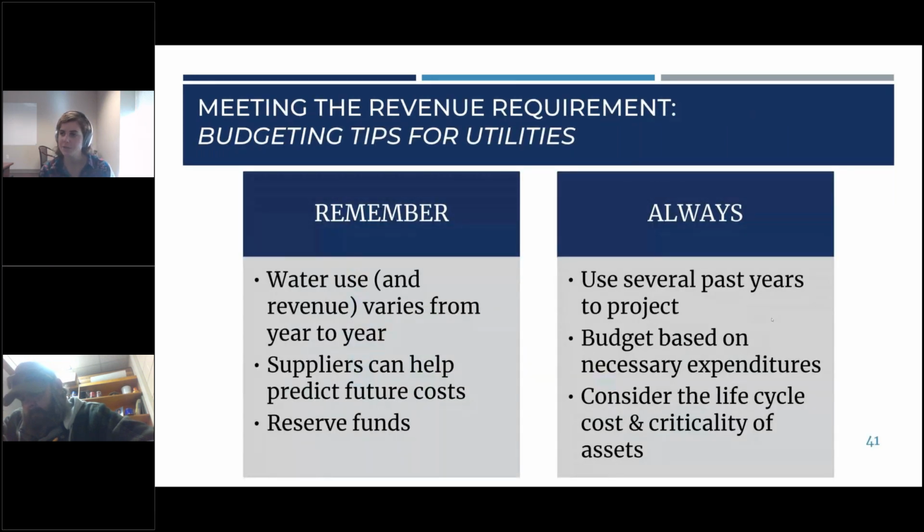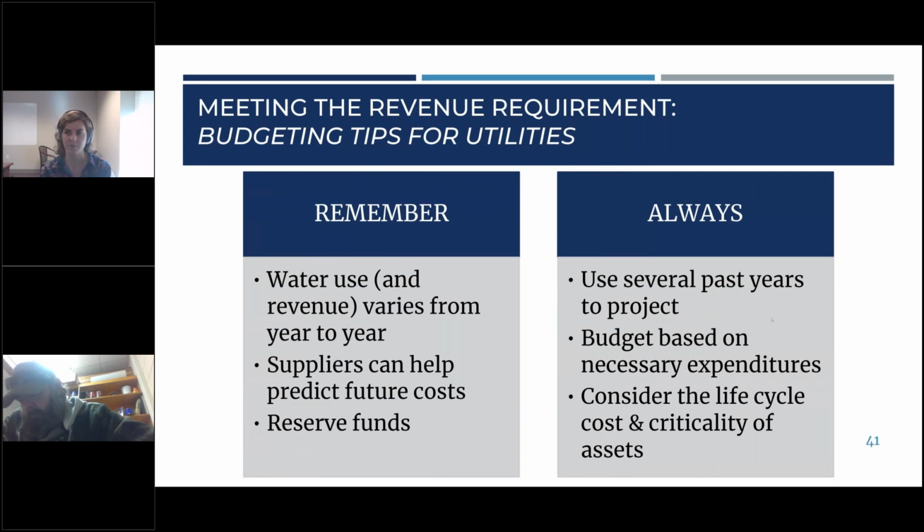And so when utilities are thinking about trying to meet their revenue requirements, some of the tips that we give are first to remember that your water use or wastewater use and the associated revenue varies from year to year. The information from last year is not necessarily going to be indicative of this year. This year is not necessarily going to be indicative of next year, especially if you think about patterns in rainfall.